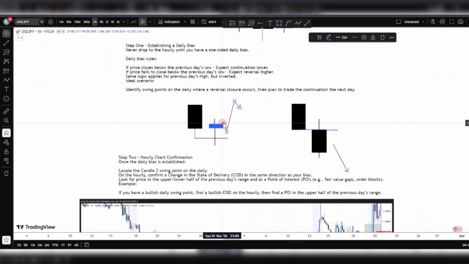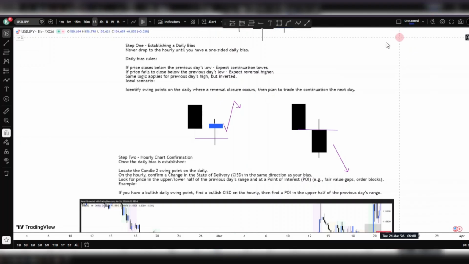So we expect price to open at this point, trend lower first to form the low of the day, and then continue higher and then close. So at this point here is where we are going to look for our change in state of delivery, because we are trading the continuation candlestick.